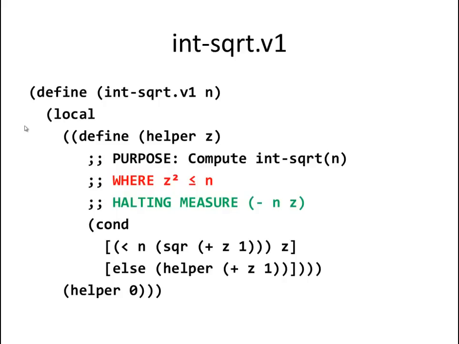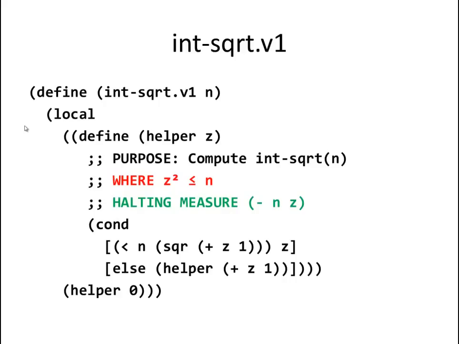And in fact, how do I know that this guy satisfies the invariant? How do I know that z plus 1 squared is less than or equal to n? Well, I just checked it over here. I checked for the negation of that over here. Since this was false, I know that z plus 1 squared must be less than or equal to n. This is not greater than n.